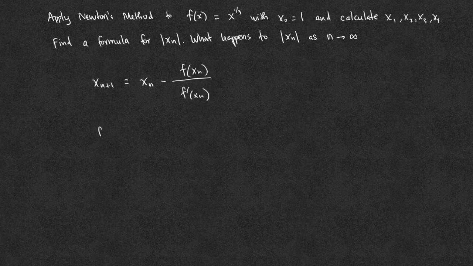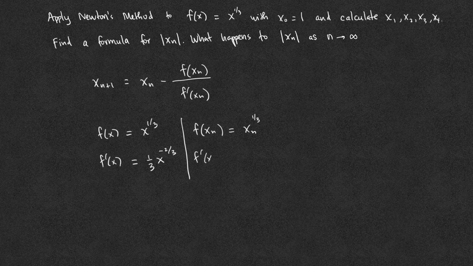In this case, f of x equals x to the 1/3, so f prime of x equals 1/3 x to the negative 2/3. This means f of x sub n is x sub n to the 1/3 and f prime of x sub n is 1/3 x sub n to the negative 2/3.